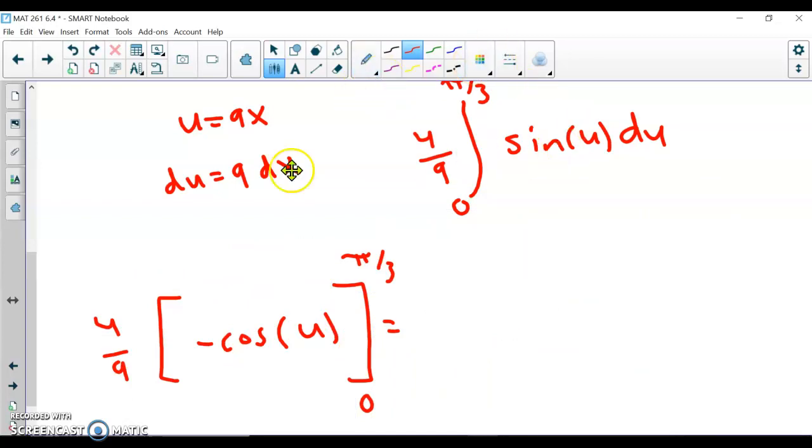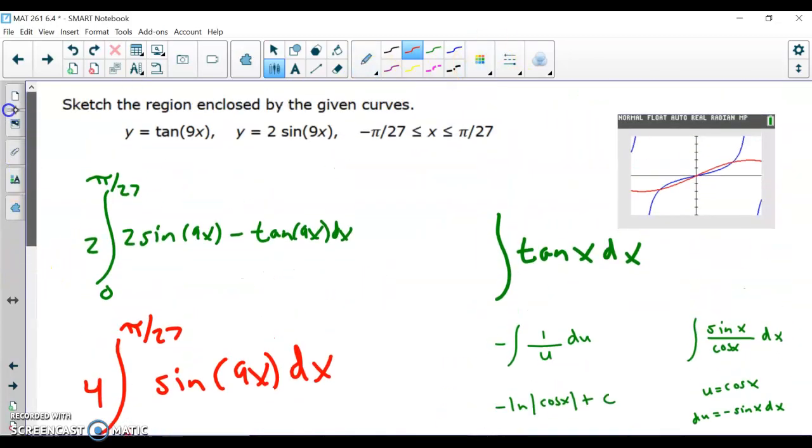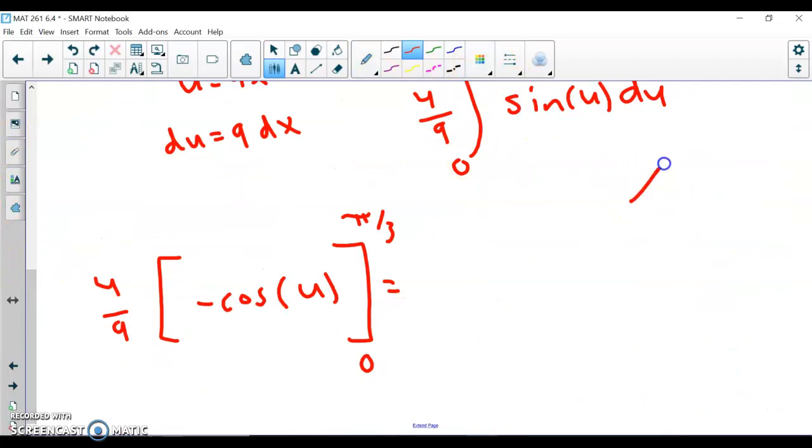Cosine of pi over 3. Remember, did I include the triangle? I didn't include my triangle. I'll draw it again. Remember my triangle? Pi over 3, pi over 6, and this is root 3, 1, and 2. So the cosine of pi over 3, remember cosine puts the x over the r, or the adjacent over the hypotenuse.